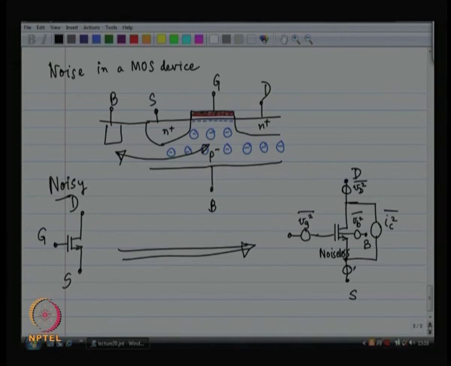So, Vd squared and Vs squared, these should be small, these are contact noise voltages developed because of contact resistances, non-zero contact resistance of drain and source.